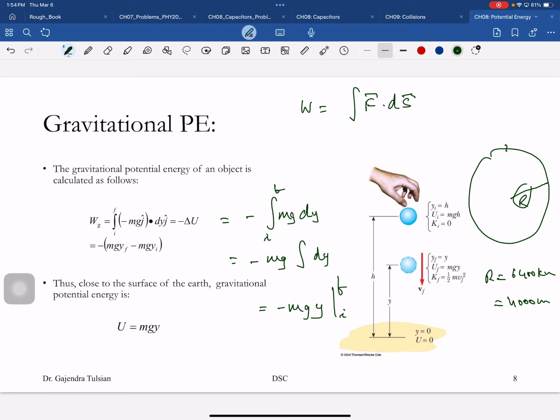That's 1% of the radius of the Earth. Then we'll say g is constant. Now you start jumping 4,000 miles, g is not constant anymore. So then we'll have to give you a new expression, and we'll give that to you in chapter 13. So as long as you're throwing rocks and footballs and all that, this is good.